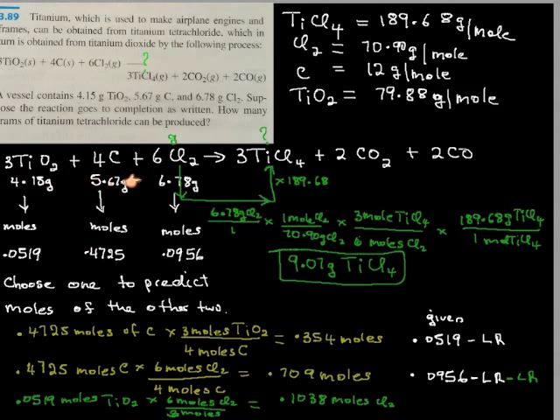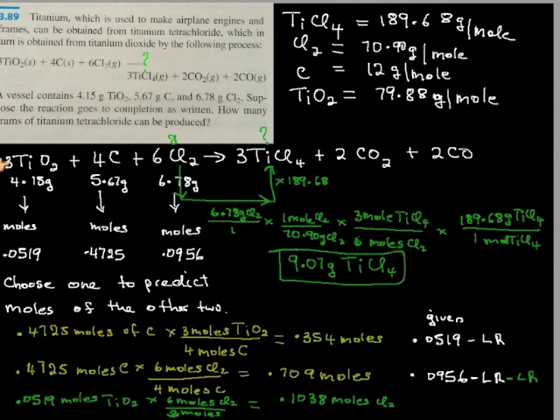So from all of these given masses, I was able to figure out the number of moles of each. Now again, I will choose one to predict the moles of the other two. I chose carbon. So let's say I had 0.4725 moles of carbon, theoretically, how many moles of titanium dioxide would I need?